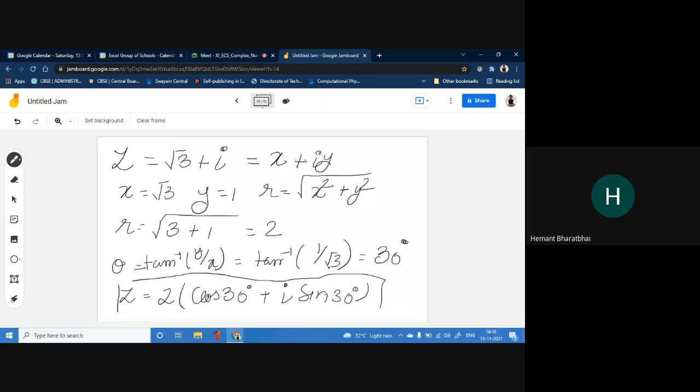So this is in the polar form. I had a complex number in the Cartesian form and successfully converted it into polar form. So I had Cartesian form, and from Cartesian form I converted into polar form.